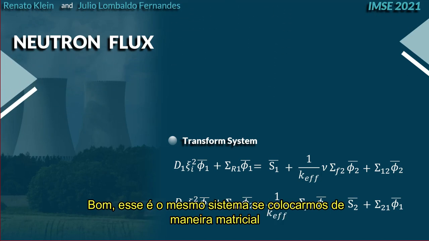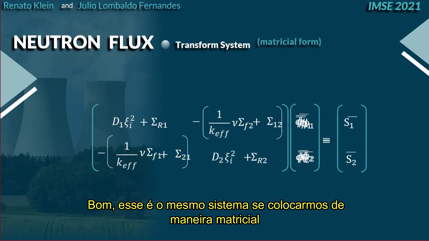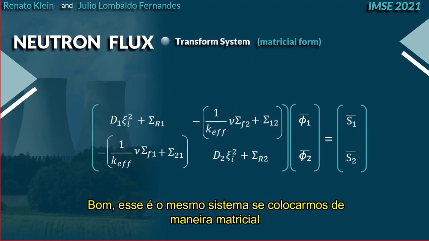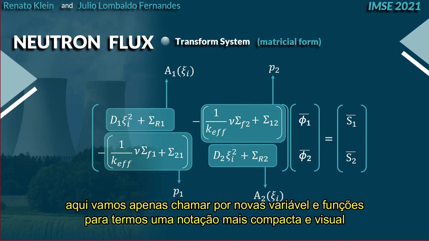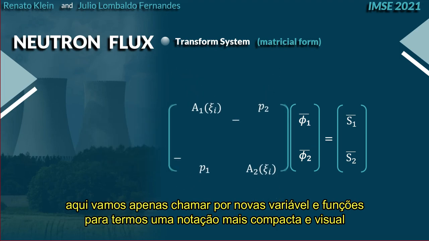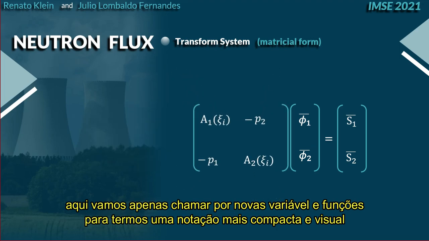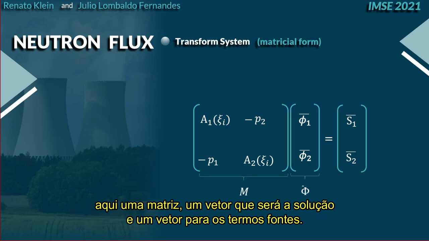So this is a system that we can put in a matrix system like this one. And here we just define new variables and new functions to have a more compact and visual matrix. Of course, here we have a matrix and we have the new fluxes as a vector for the solution, and we have a vector for the source.